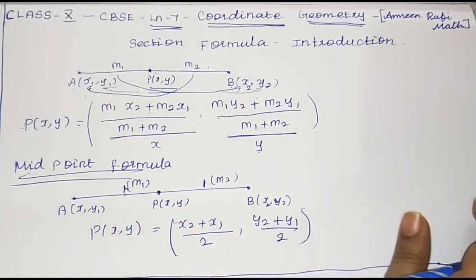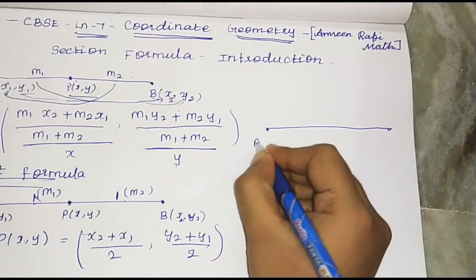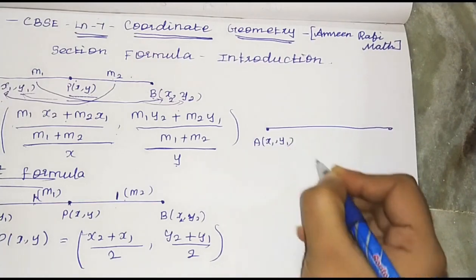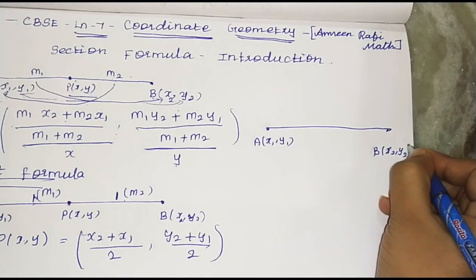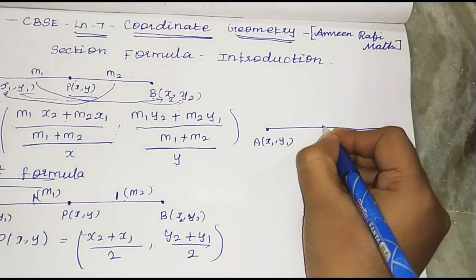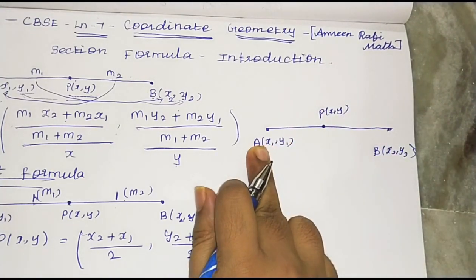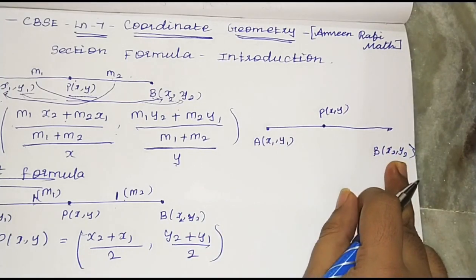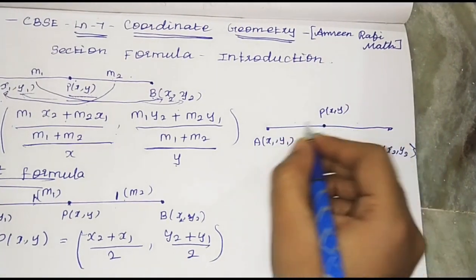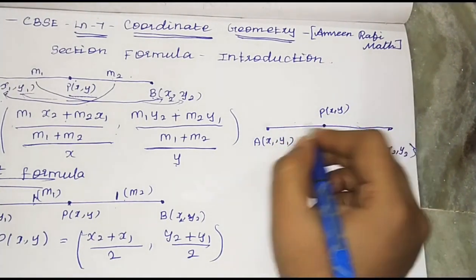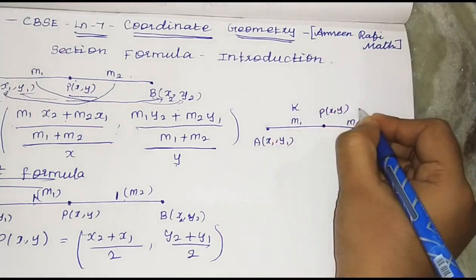The next one. Suppose you consider a line with A of x1, y1 as one coordinate point and another coordinate point B of x2, y2. P of x, y is given. The A coordinate point, the B coordinate point and the P of x, y point are all given, and you have to find the ratio. For the ratio, instead of m1 and m2 we write k:1.